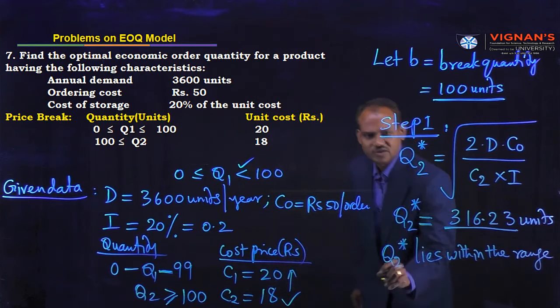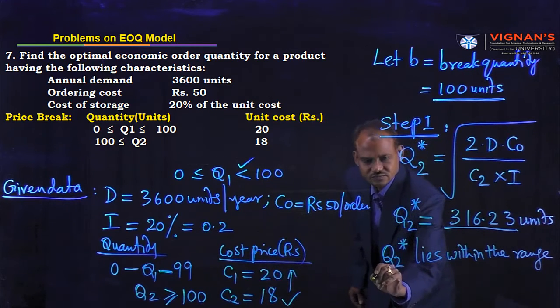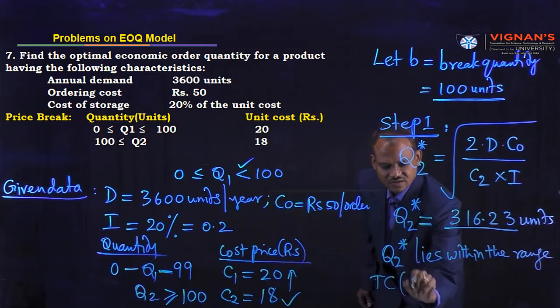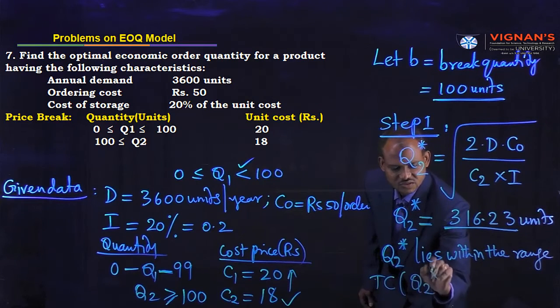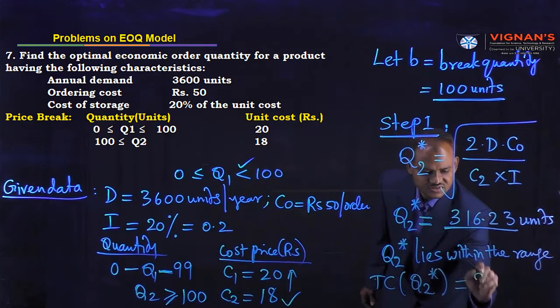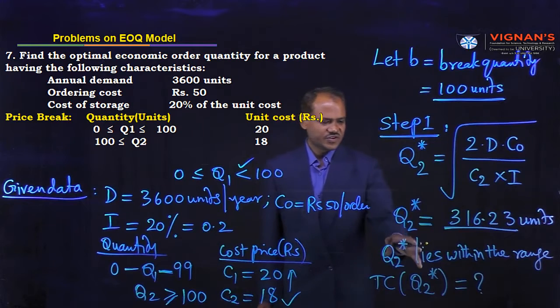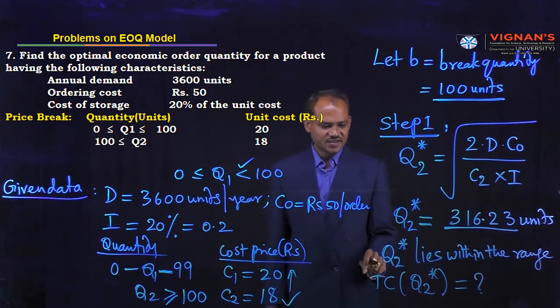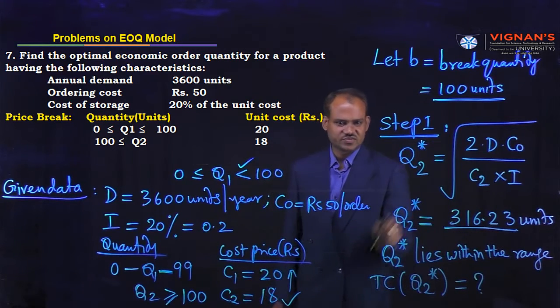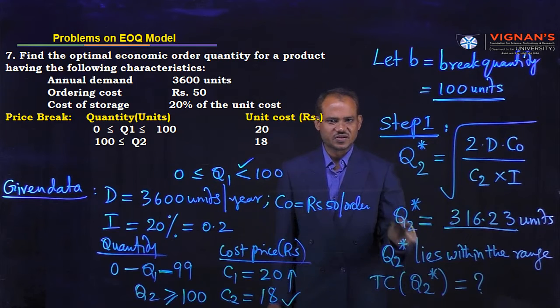Therefore, calculate the total cost at Q2 star. How much? So for the satisfied quantity, calculate the total cost. That's all.